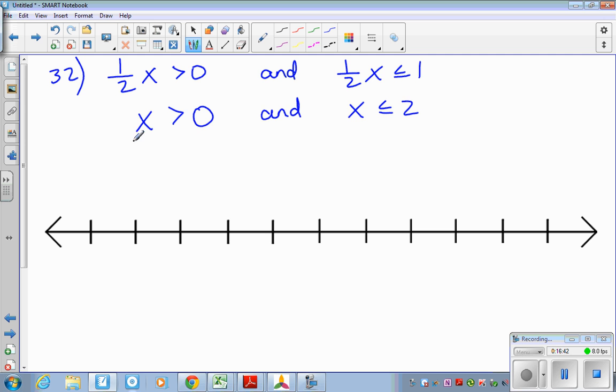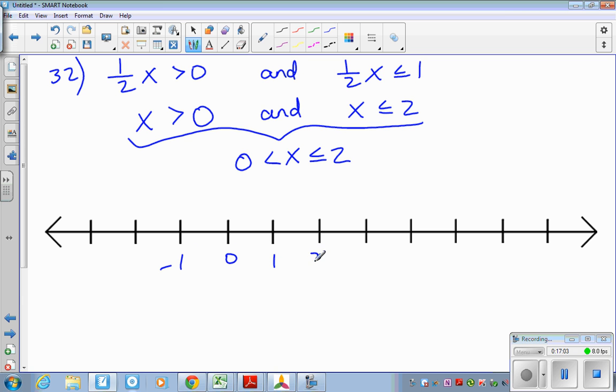So if you want to combine these, you don't have to do this, but if you want to combine it, this would be 0 is less than x. So I just flipped this around so that 0 was on the other side. And x is less than or equal to 2. I'm going to shade between 0 and 2 with an open circle on 0, closed circle on 2. Excuse me, that would be the final answer for that one.